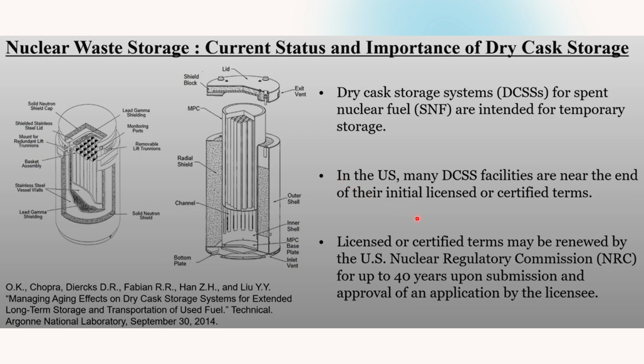In the US, many DCSS facilities are near the end of the initial licensed or certified terms. Licensed or certified terms may be renewed by the US Nuclear Regulatory Commission for up to 40 years upon the submission and the approval of an application by the licensees.